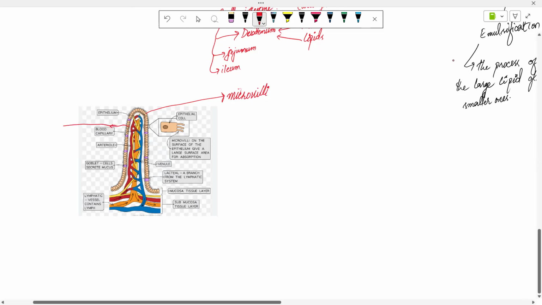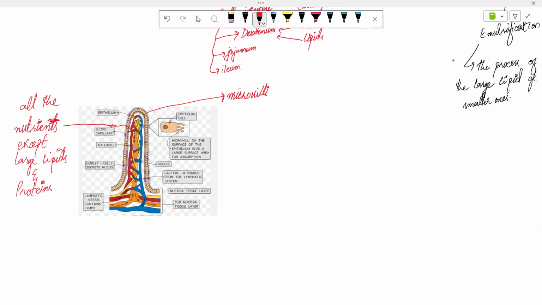The nutrients are absorbed into the bloodstream. All the nutrients except large lipids and the proteins.